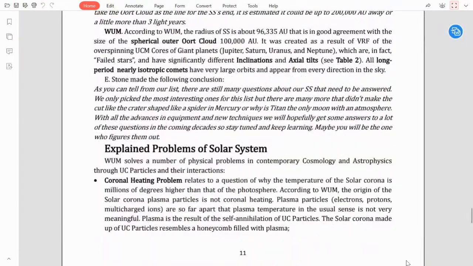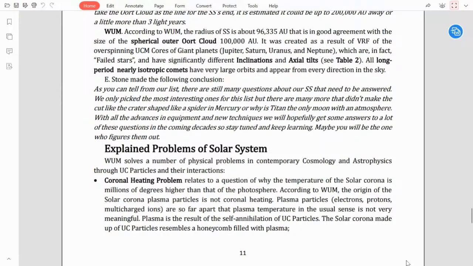According to UCM, the radius of the solar system is about 96,000 astronomical units. That is in good agreement with the size of the spherical outer Oort cloud, 100,000 astronomical units.